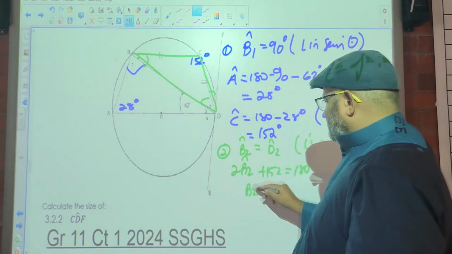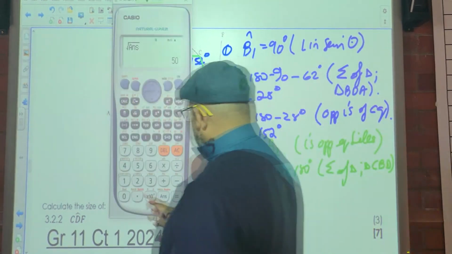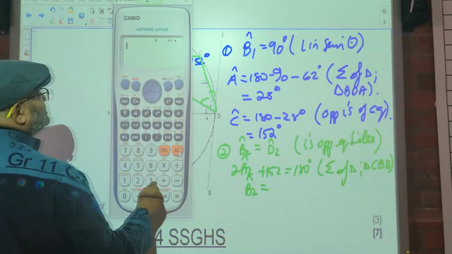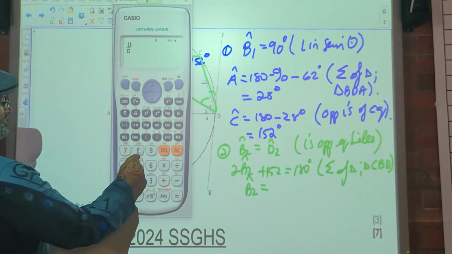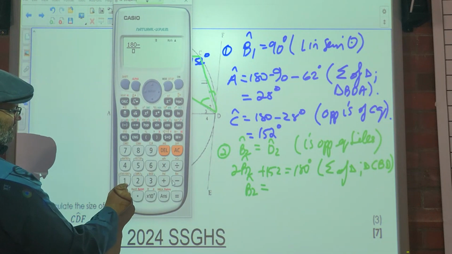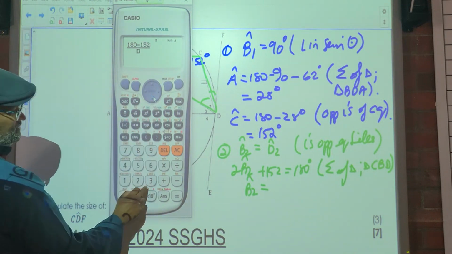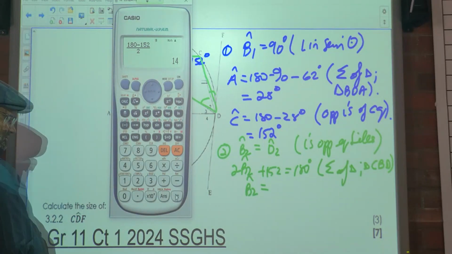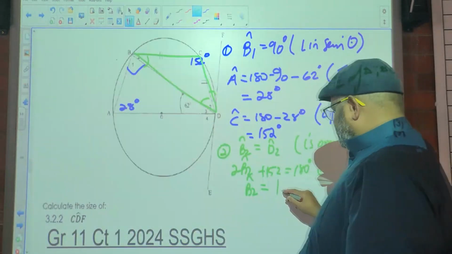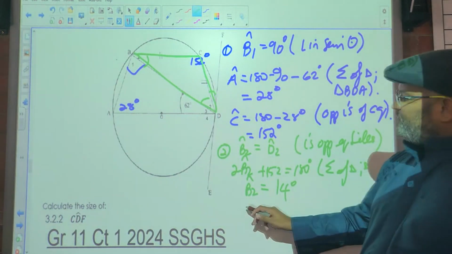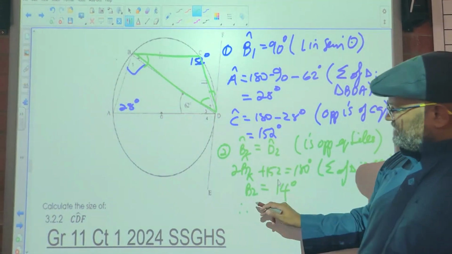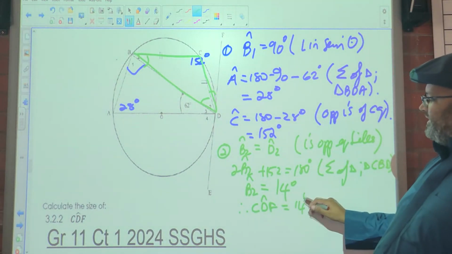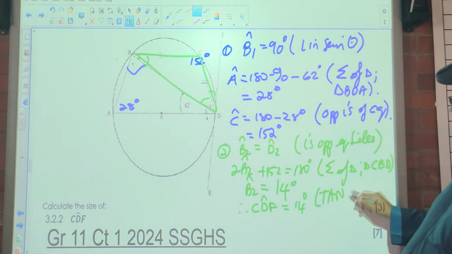So B2 works out to be 180 minus 152, divided by 2, which is 14 degrees. Is that correct? Yes, 14 degrees. So therefore, angle D1, or CDF, is also 14 degrees. Why? It's the tan-chord theorem.